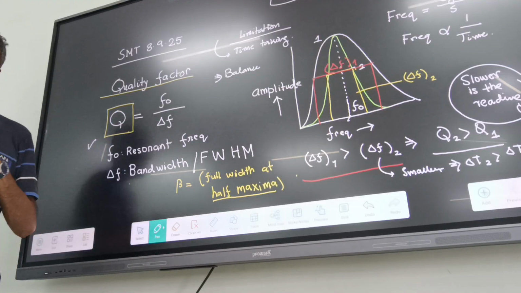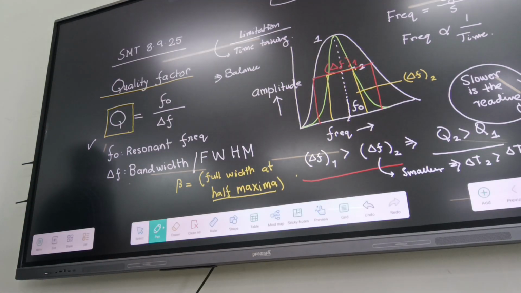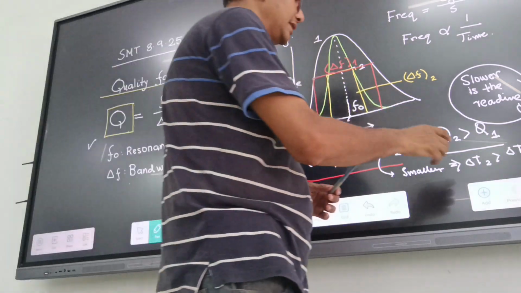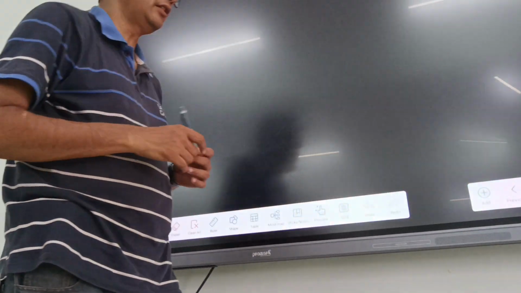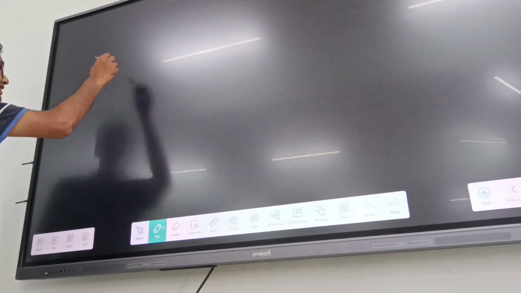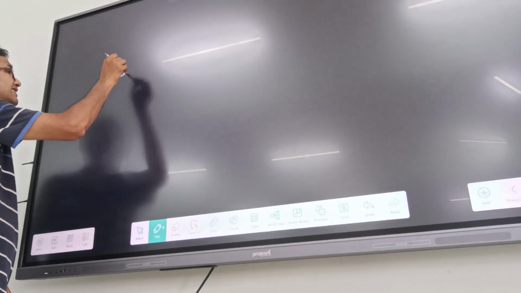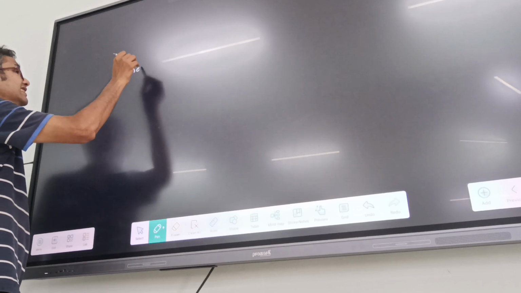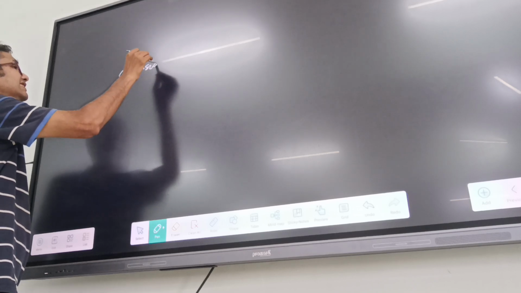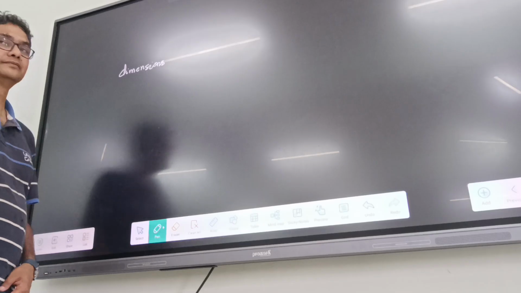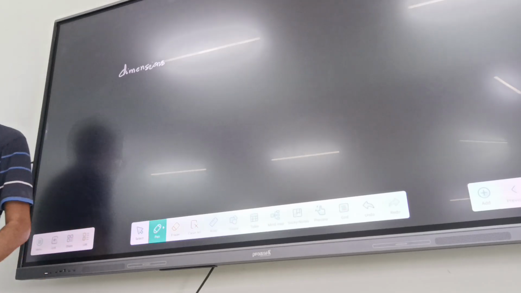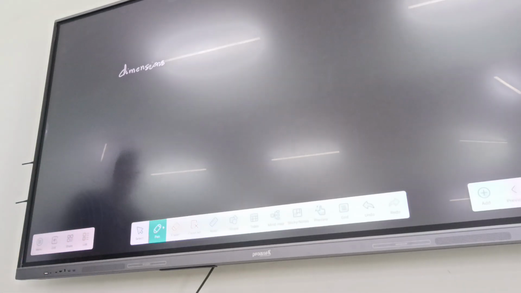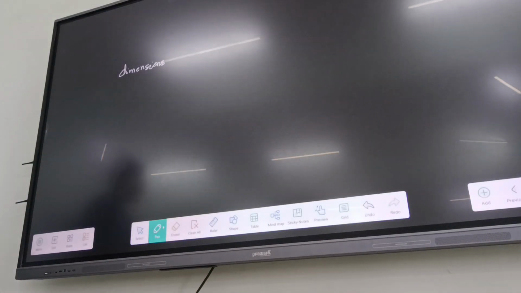Now how do we balance? To balance, we need to have dimensions in control. Okay. Now the next part of the lecture is we will see how the dimensions have a role to play in the sensor properties. What is the role of dimensions in sensor properties?